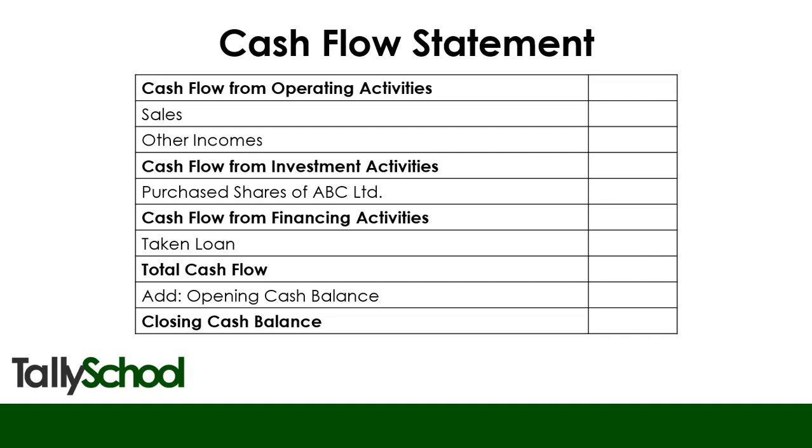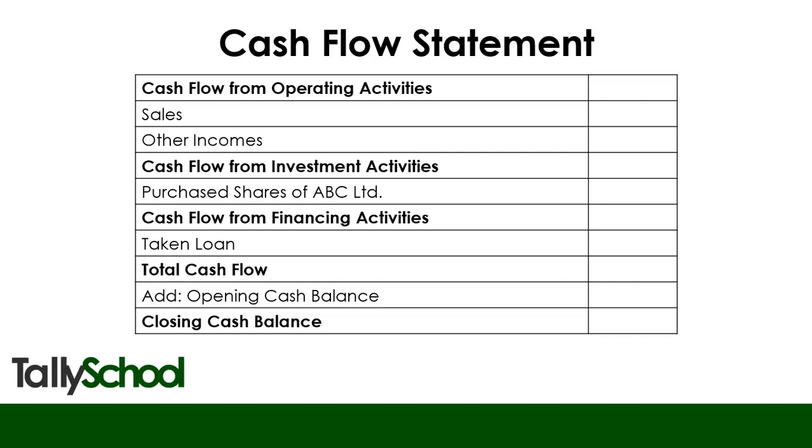You look at the cash flow statement, you go to the investment activities, the financing activities, the operating activities, and you will know where the cash has been spent, or where the cash has come from, that our assets have increased in the balance sheet.